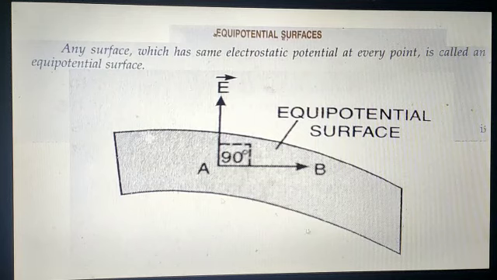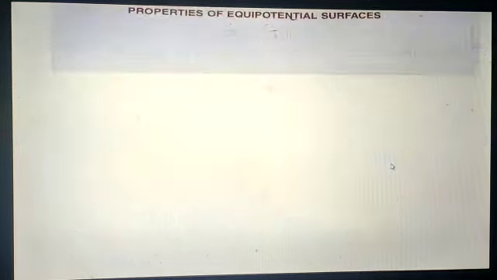Any point you take, say point A, another point B, the potential at point A is exactly equal to the potential at point B. If you take any other point on the surface, each and every point will have the same potential. That's why the surface is known as an equipotential surface.